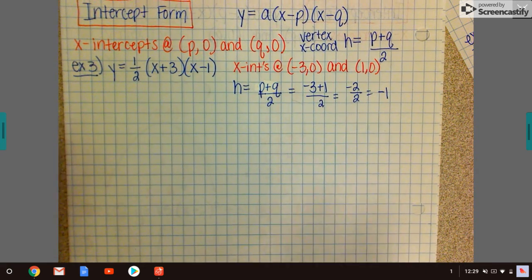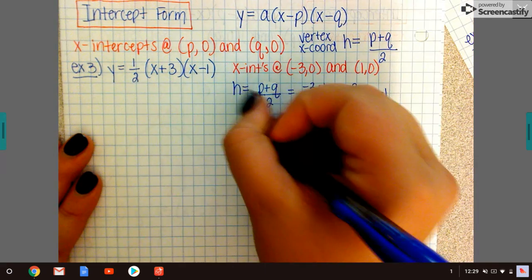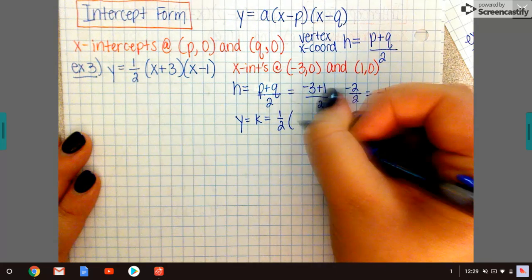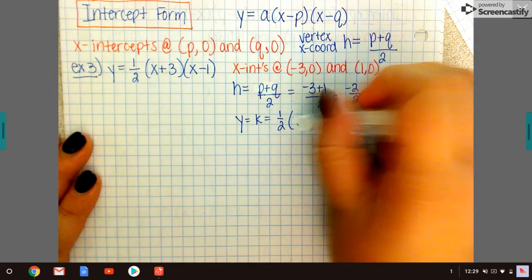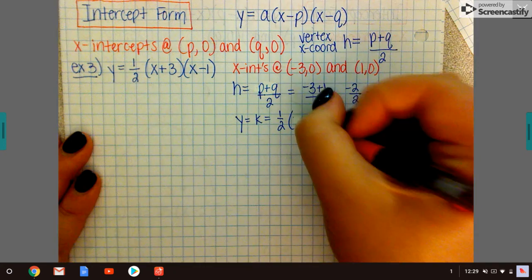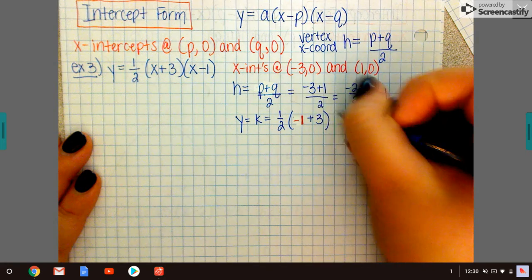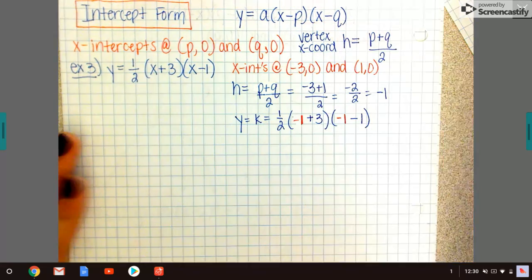Our y value we can find by plugging in this h to our x's. So I have y, or k, is equal to 1/2 times the quantity, not x, but negative 1, plus 3, and then plugging in a negative 1 to this one as well.